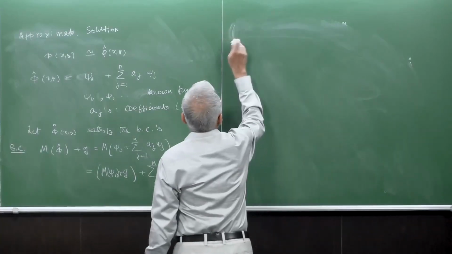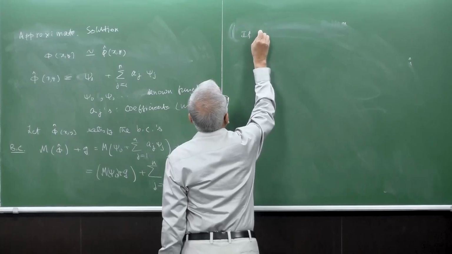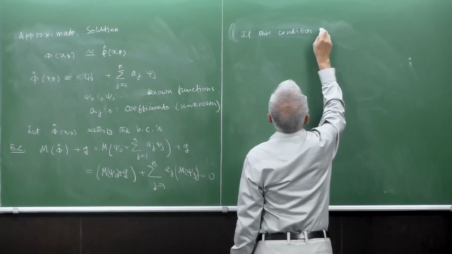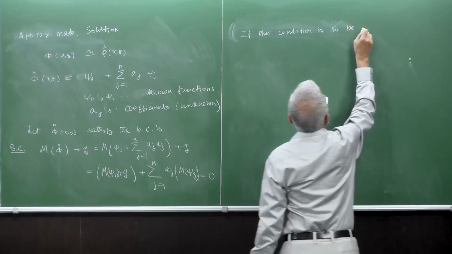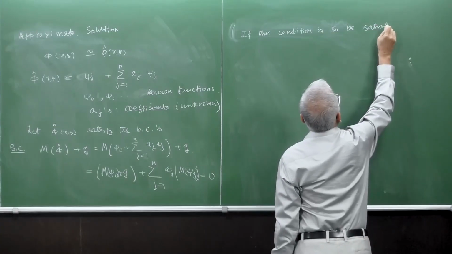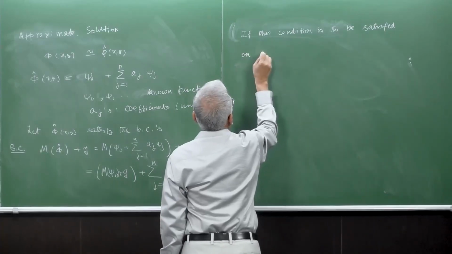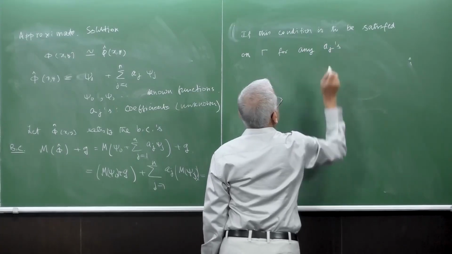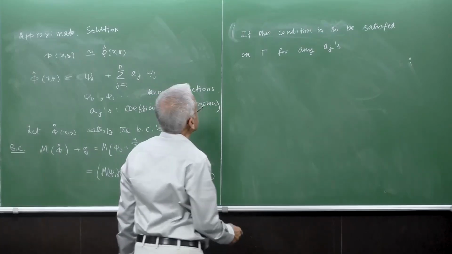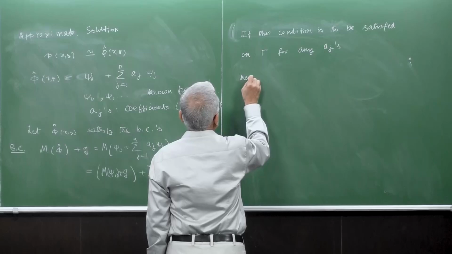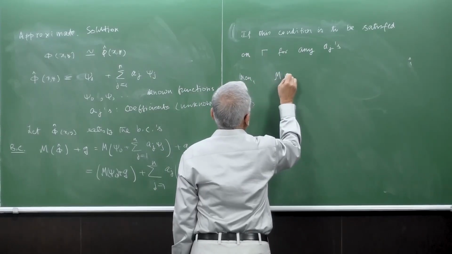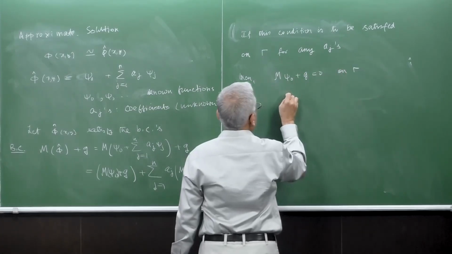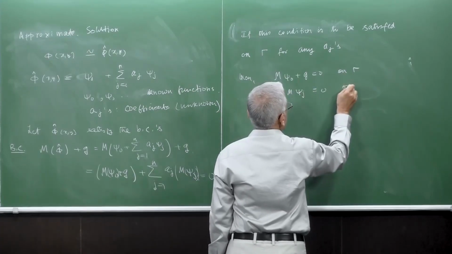If this condition needs to be satisfied on gamma for any values of aj's, then what we need is M psi naught plus g has to be 0, and M psi j has to be 0 on gamma.